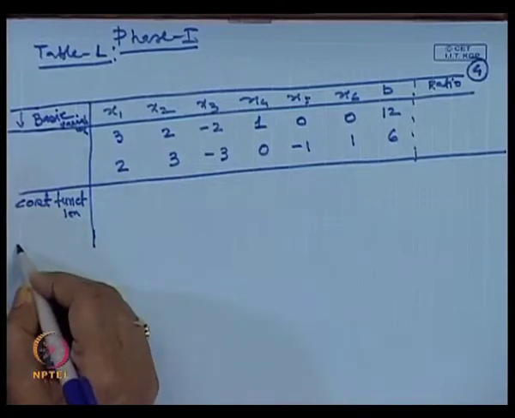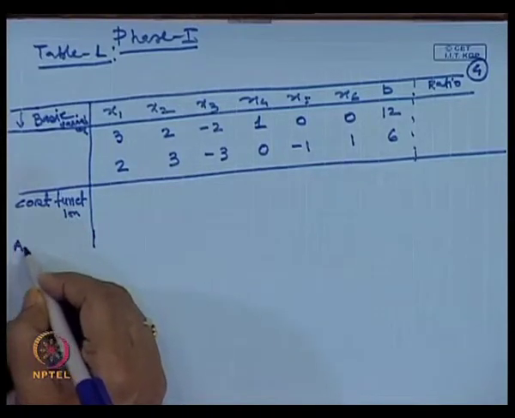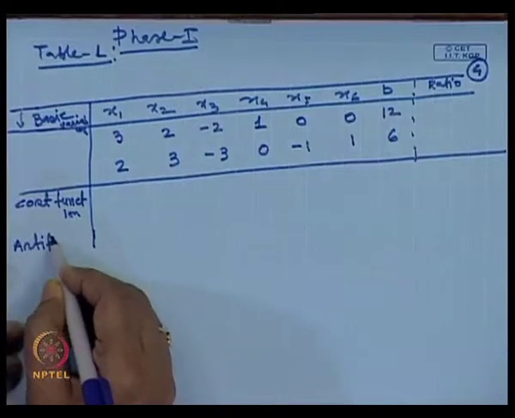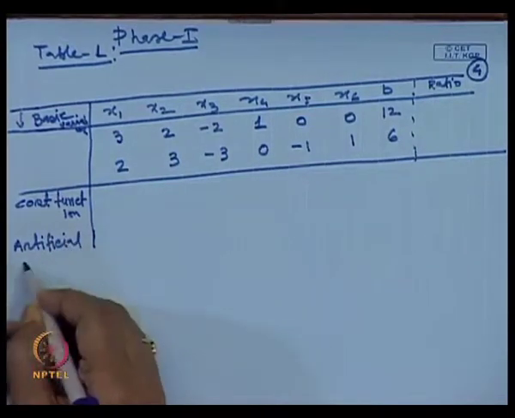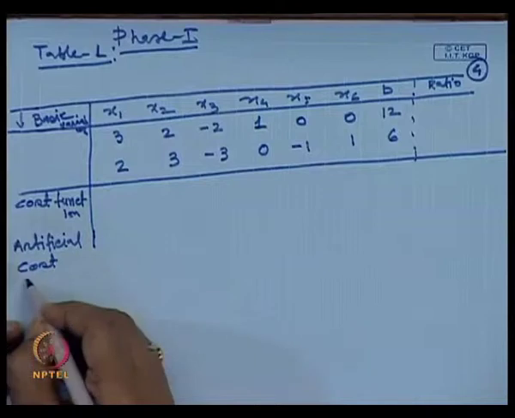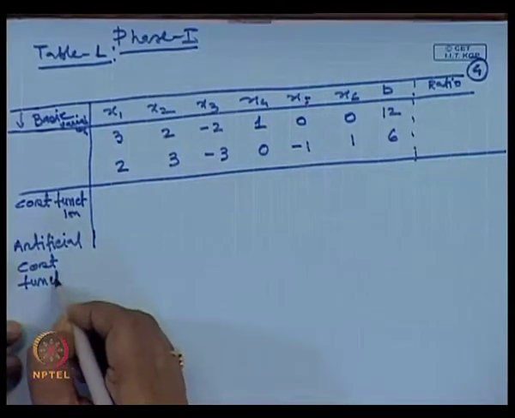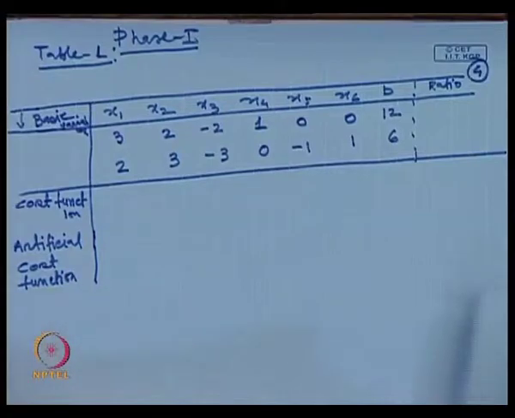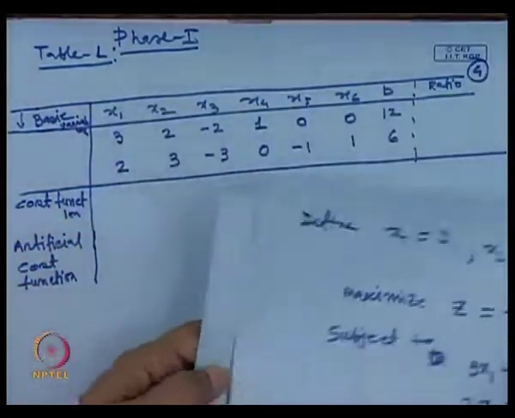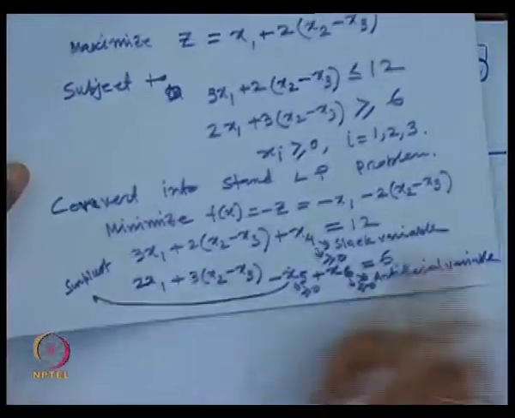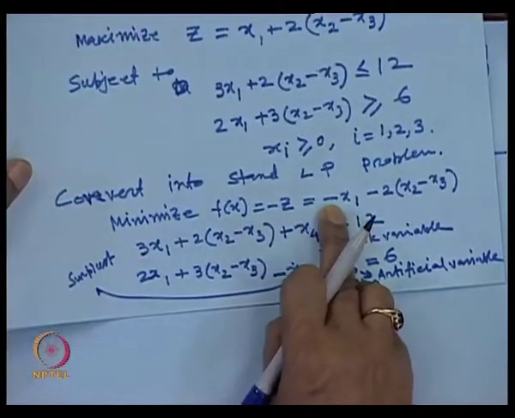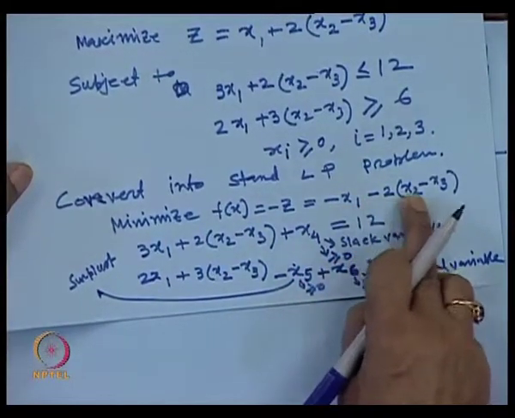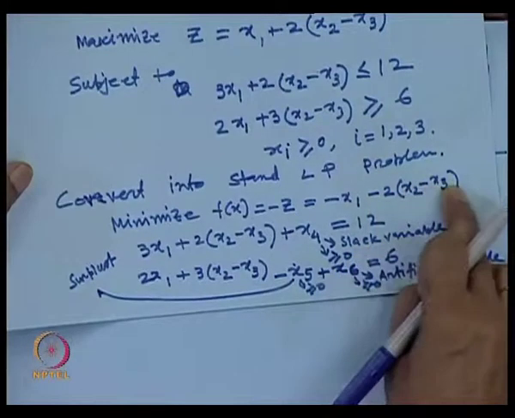Next is our artificial cost function. So let us see what our original cost function is. Minimize f of x, that is minus x 1 minus x 2 bracket, if you open, plus x 3.